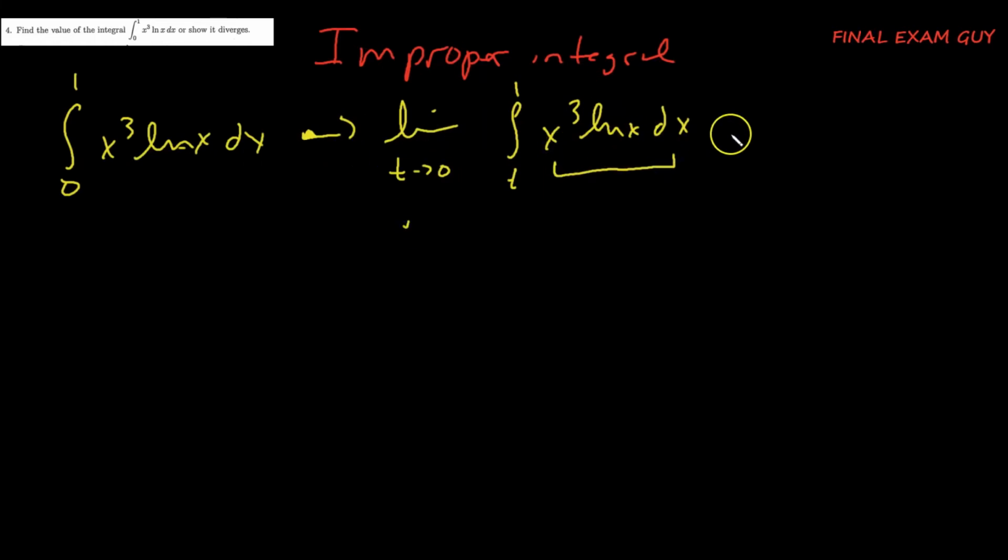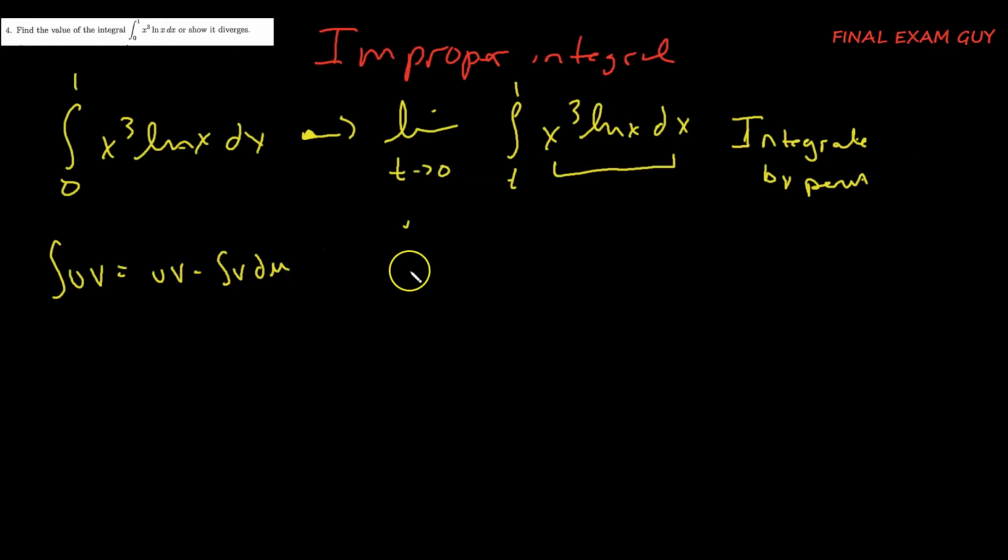So we have a term multiplied by a term, so this is a perfect candidate for integration by parts. Alright, so let's do it. The integral of u dv is uv minus the integral of v du. So we'll pick our u and our dv.